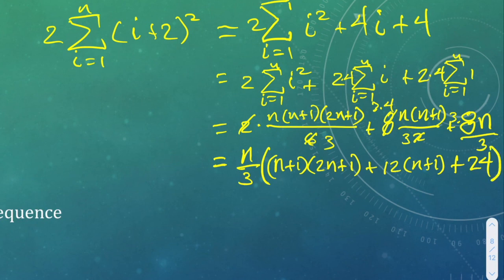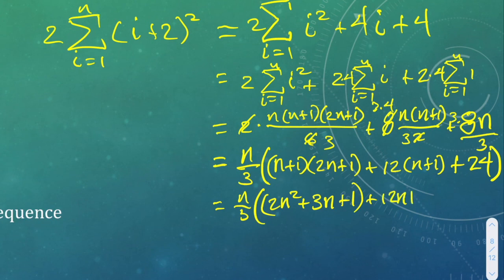So there's that. Let's go ahead and multiply this out to continue our simplification. So I get n over 3, and I have 2n squared plus 3n plus 1, plus 12n plus 12, plus 24. So if we drop those parentheses, we get 2n squared plus 3n plus 12n is 15n.